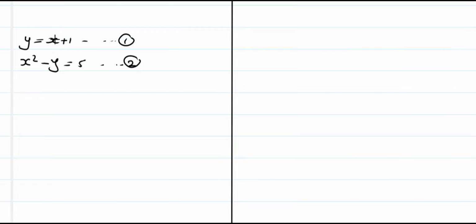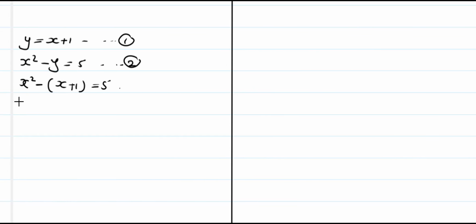So now I can substitute this in the second equation, where every place I have y, I'll be putting x plus 1. So now it becomes like this: x squared, minus, but I already know y is x plus 1, so I can put in brackets x plus 1, like this, equals 5.